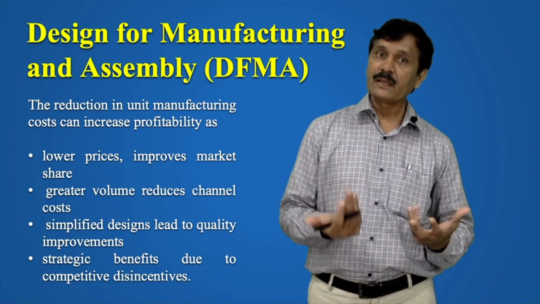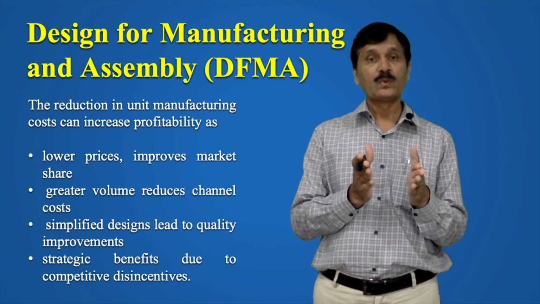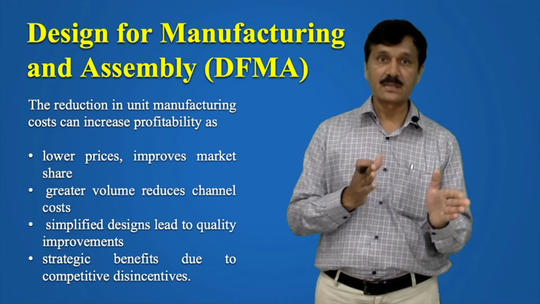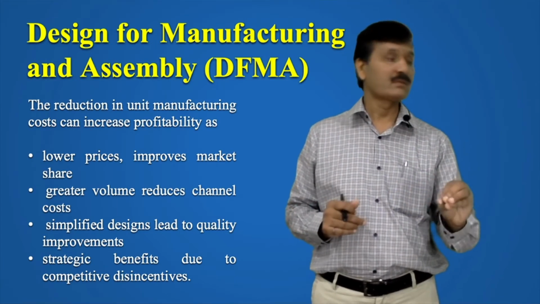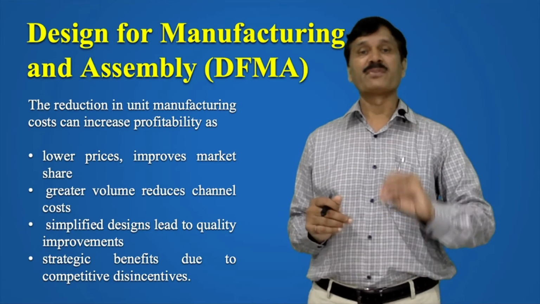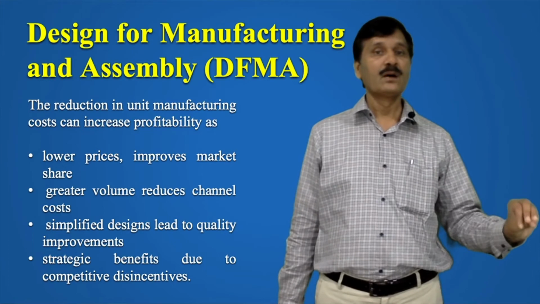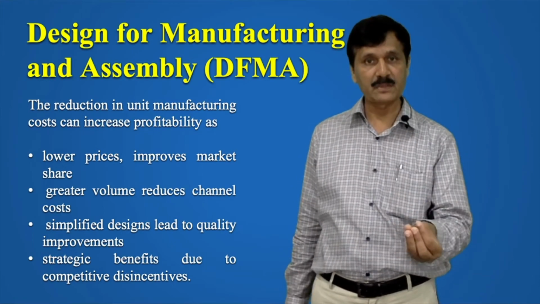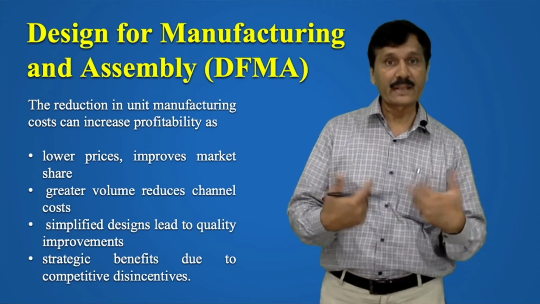Designing for manufacturing means you have to suggest ways so that the product you are making requires lower manufacturing cost. When the manufacturing cost is lower, obviously there are lower prices for the customer, and this in turn gives you better market share.